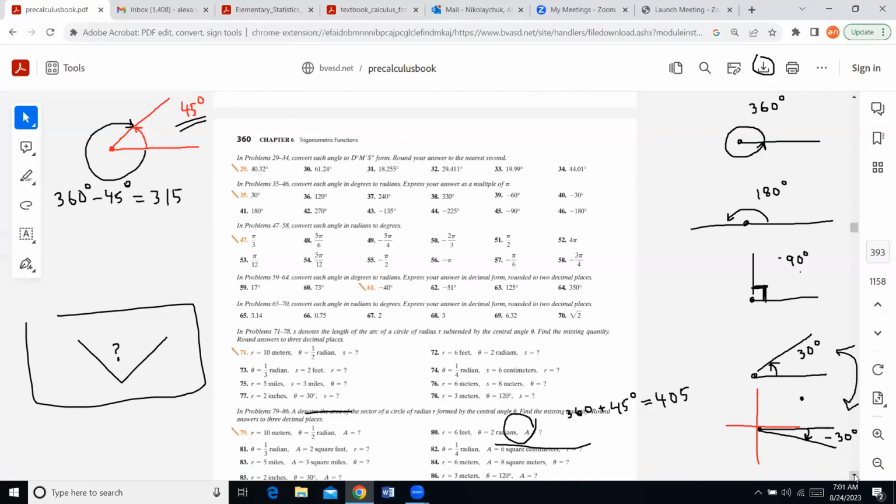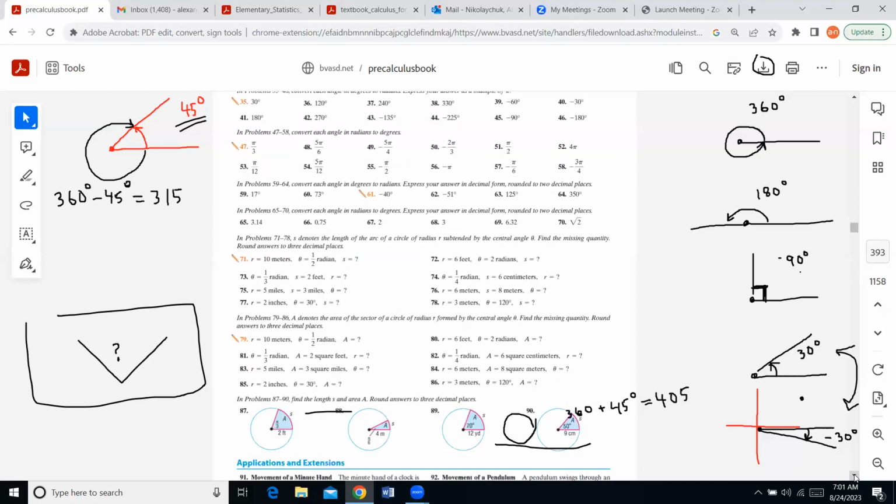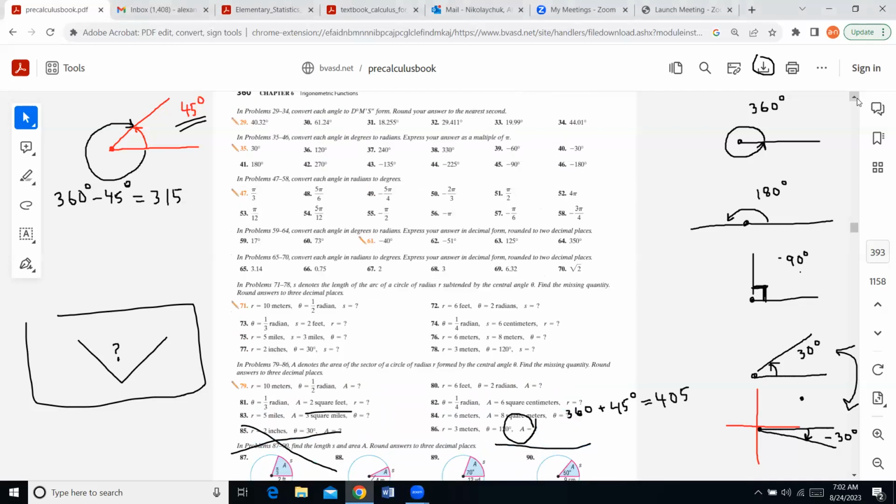They call them applications. I can scroll down a little bit here. So, applications and extensions. You don't have to worry about those, because I know that most people don't like word problems, so I don't make you do them for your homework. But if you want to, you're welcome. You can definitely look at those problems as well.